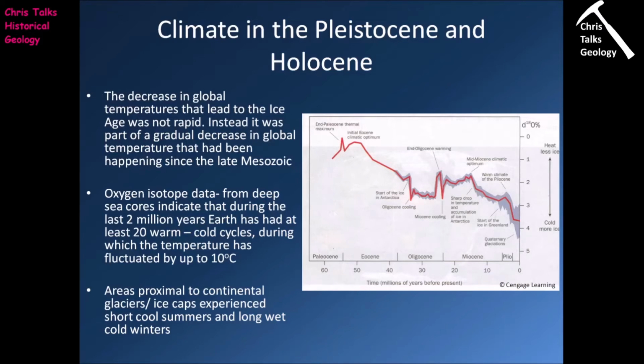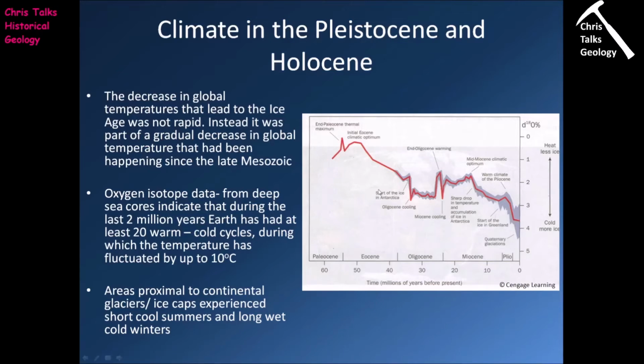And so when we have more ice, we have more oxygen 18 in the oceans, and so this leads to an increase in the delta oxygen 18 value. So what we can see is as the global temperature has been dropping, the delta oxygen 18 has been increasing, and this is telling us that more oxygen 16 bearing water is being locked up in glacial ice. So this is showing us essentially we have more and more glacial ice as we progress towards the present day.